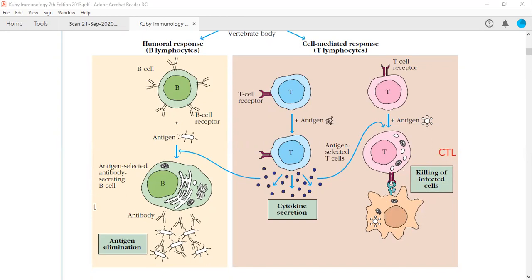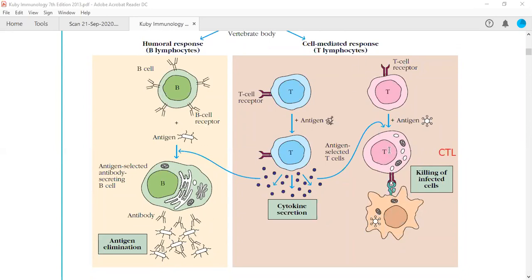Generally, it is considered that if the antigen is extracellular, it will be killed by humoral immune response, or by the antibodies which are secreted by plasma cells. If the antigen is intracellular, suppose it is able to infect some cell in the body and is present inside the cell, then that particular cell will be killed by the cell mediated response by the T cells, right?